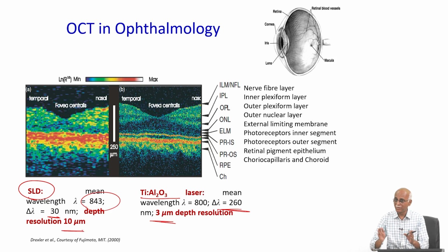So, it is 1 crore, 2 crore, depending upon the source requirement, size, output power requirement, maybe less than that, but around that, about 100 times. So, depending upon our requirement, most of the ophthalmology applications use superluminescent diode sources.